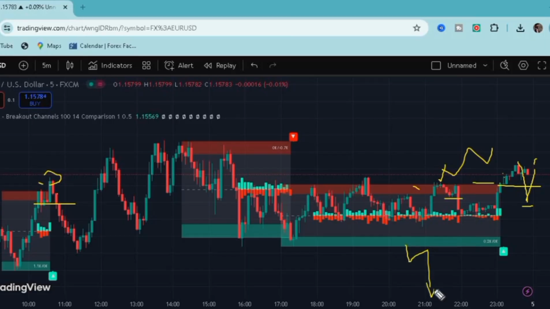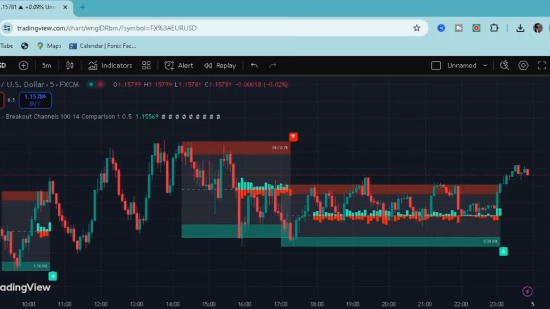If that is not formed, your sell order is invalid, simply because even if price comes and gets into the channel, remember now it gets to your consolidation or your ranging market. So until it breaks and closes below this. Okay, so guys, I hope it is understandable. For you to use this indicator, you have to use it this way exclusively.